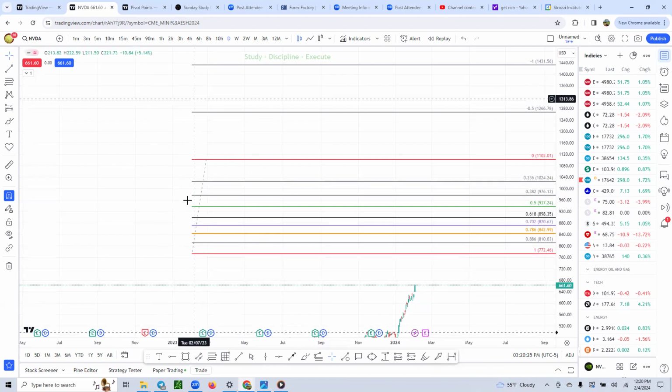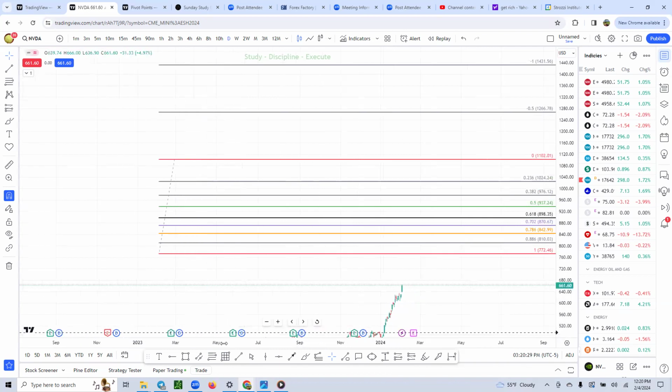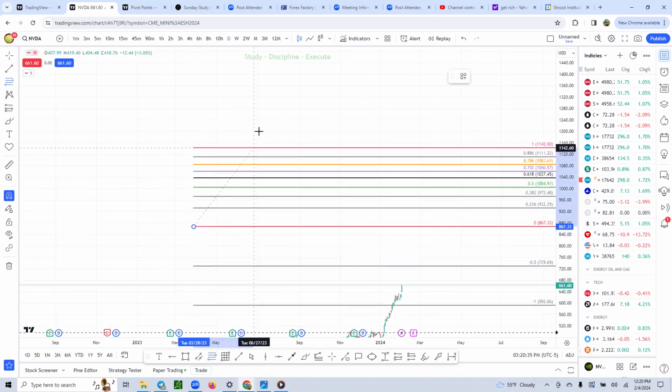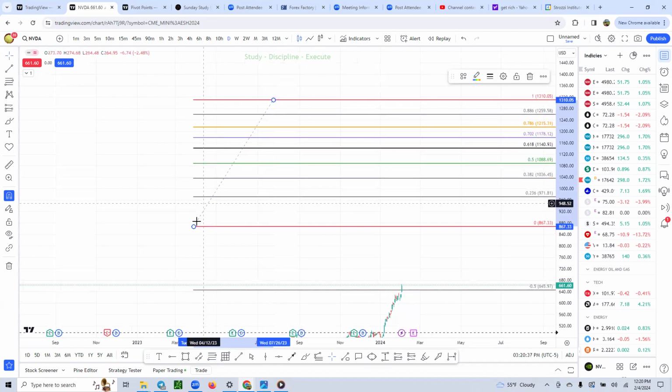It might be different for other platforms, but I'm only focused on TradingView. On this one, let's take it off. I went from the bottom up, so you would think the higher numbers will be at the bottom. But maybe before I laid that other fib, I started top down. I don't even know what I did.